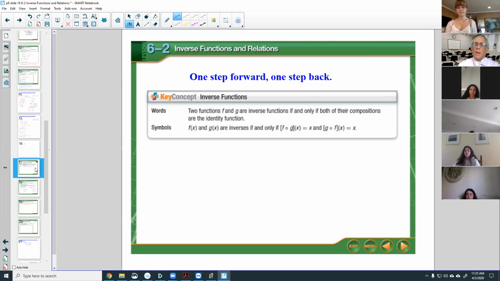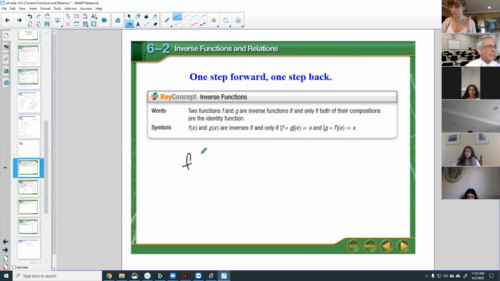So if I take two functions and I take the composite of those two functions and the answer turns out to be x, then I know that they are inverses. All right, that was a lot of stuff, but let me write it down here and then we're going to see it on a problem.